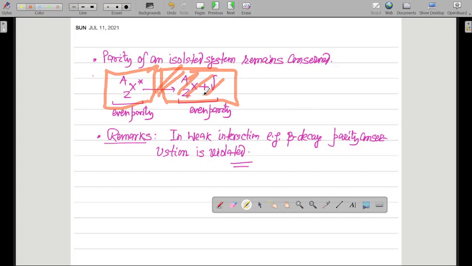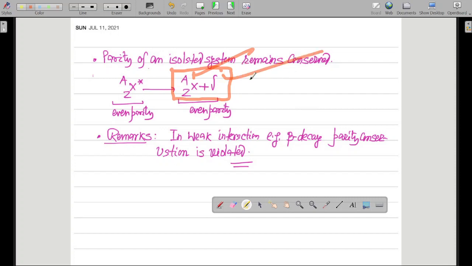The system consisting of this nucleus and gamma ray will also have even parity.